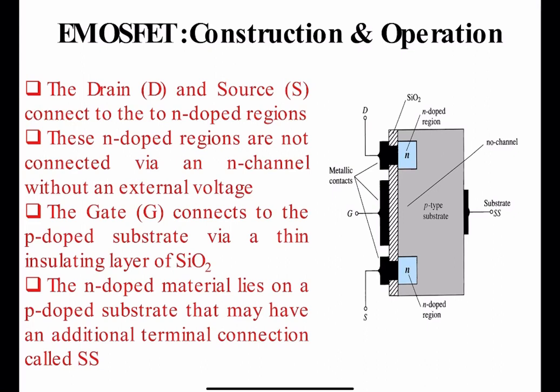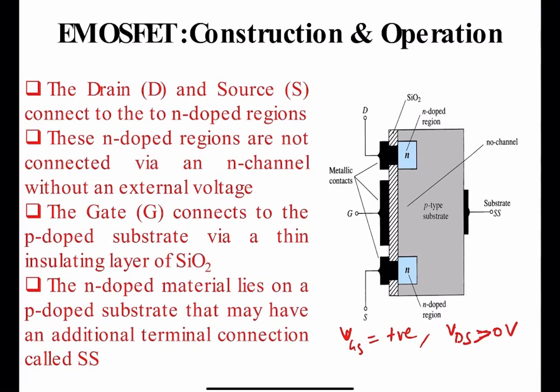But when we apply VGS of positive value and some VDS of positive value that is greater than 0 volt, then the positive gate terminal will pressure holes in the p-type substrate along the edge of the silicon dioxide layer to leave the area and enter the deeper region of the p-type substrate.